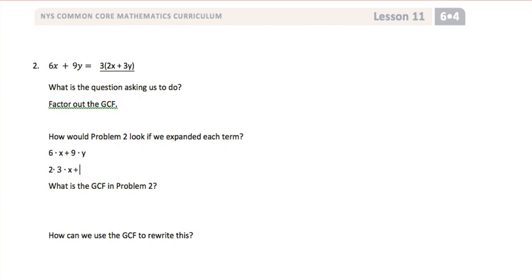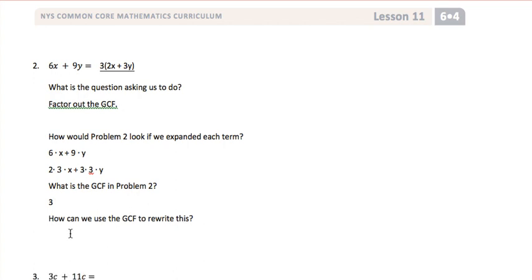And 9 is 3 times 3 times y. So the greatest common factor in problem 2 then is 3. We pull that out. And we use that to rewrite, which will be 3 times 2x plus 3y.